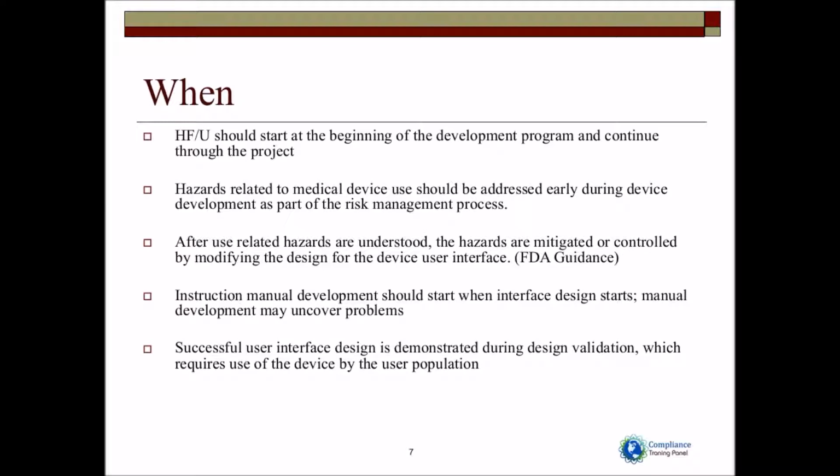Human factors studies should start at the beginning of the development program and continue through the project. You don't want to begin your human factors studies toward the end of the development when you have firm prototypes.